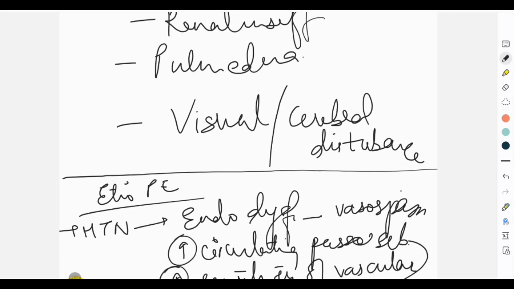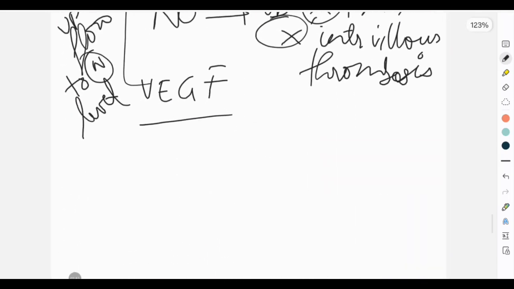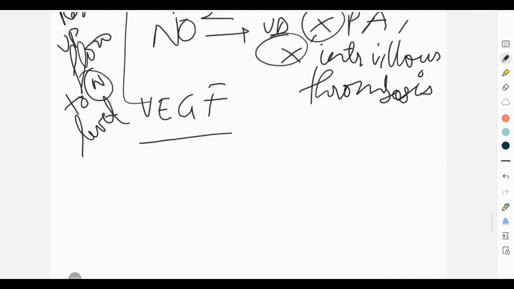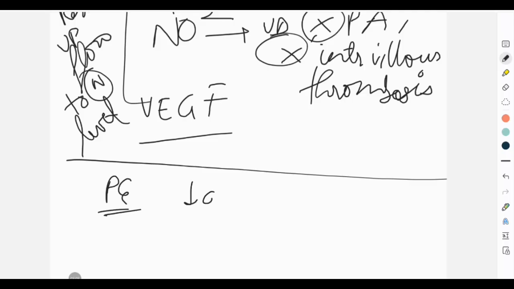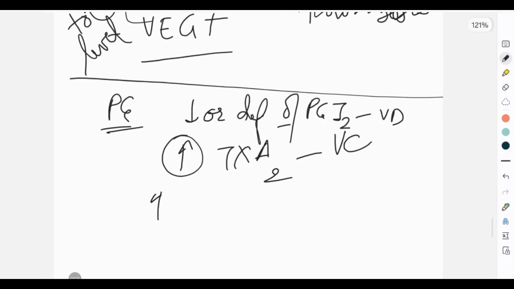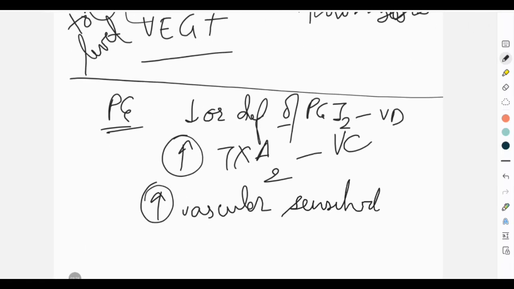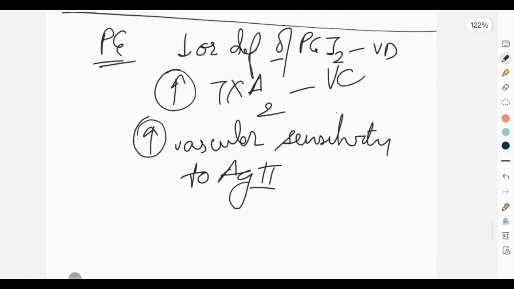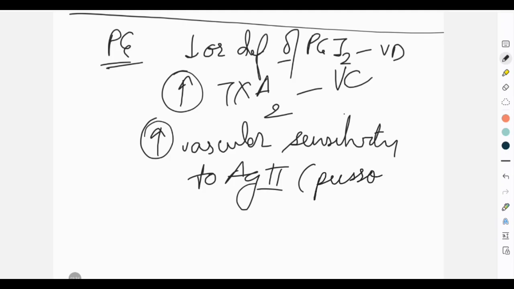In preeclampsia, again, there is a disturbance in the pressor substances, an imbalance in the different components of the prostaglandins. So there is decrease or deficiency of PGI2, which is a vasodilator, increased TXA2, thromboxane A2, which is a vasoconstrictor, and increased vascular sensitivity to angiotensin 2, which is a pressor agent.